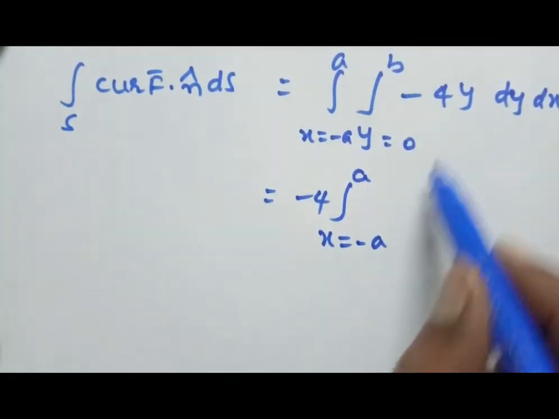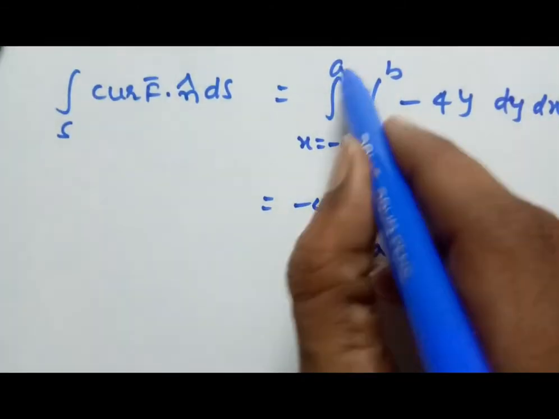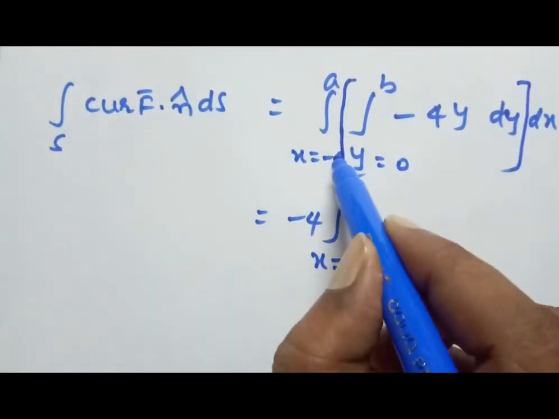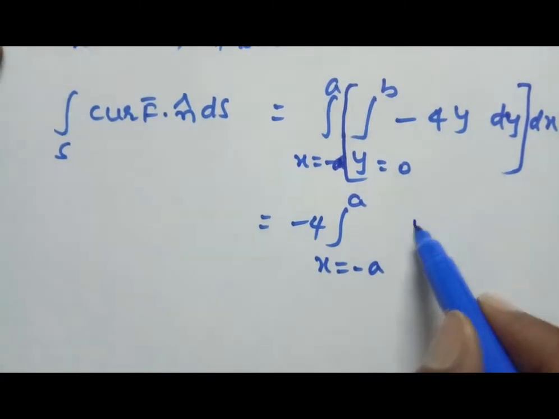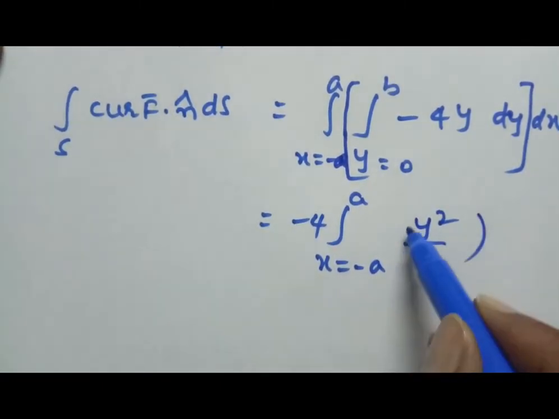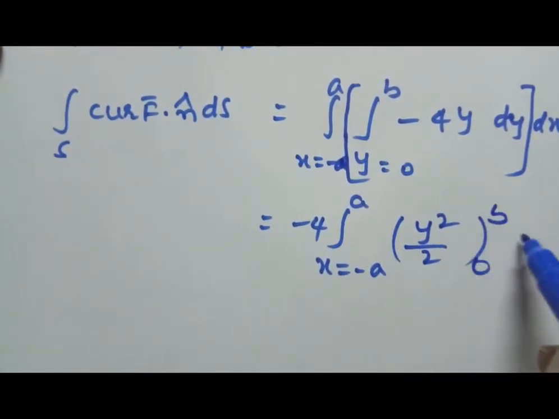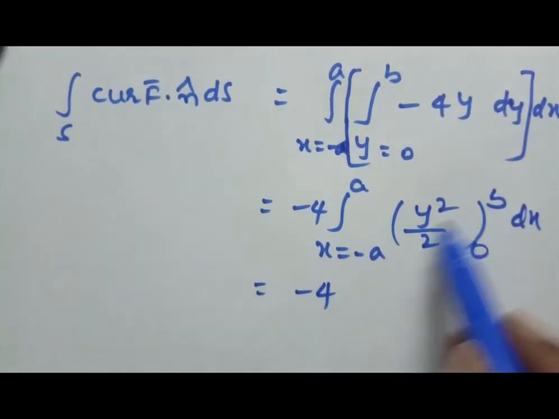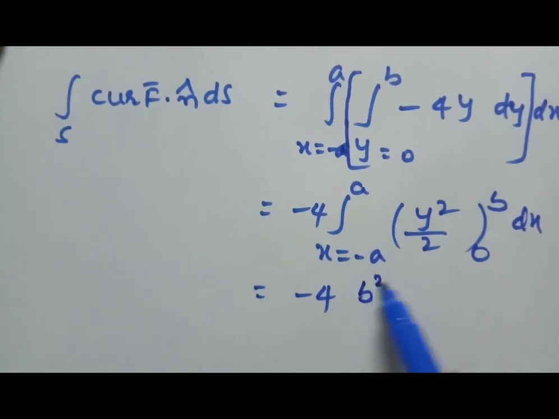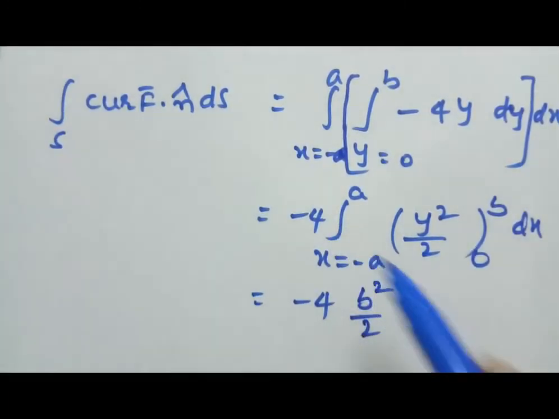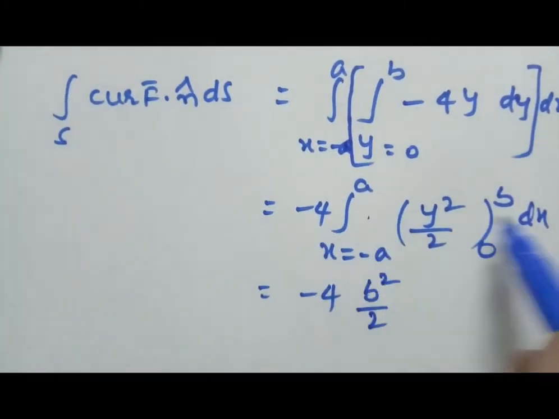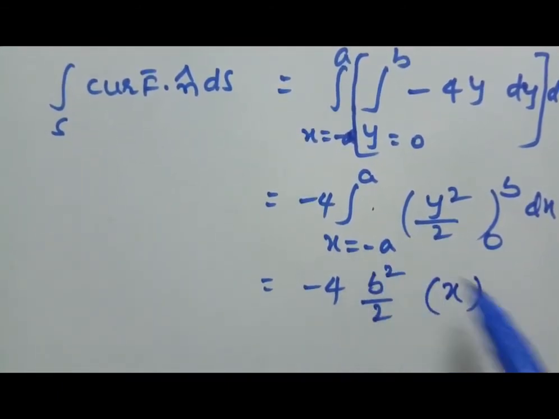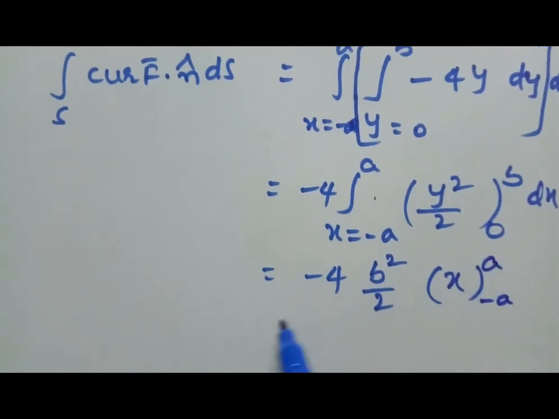So the integration of y gives y square by 2 with limits 0 to b. Therefore, this is equal to minus 4 into b square by 2, and the integration of 1 with respect to x, that is x, with limits minus a to plus a.